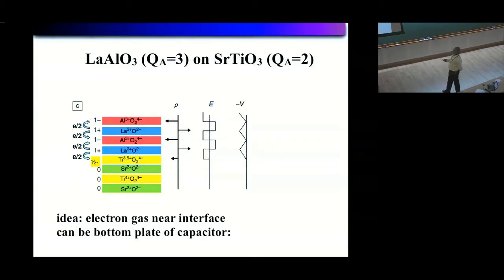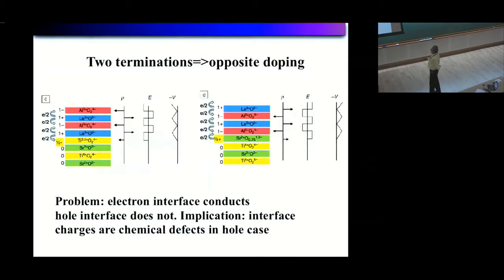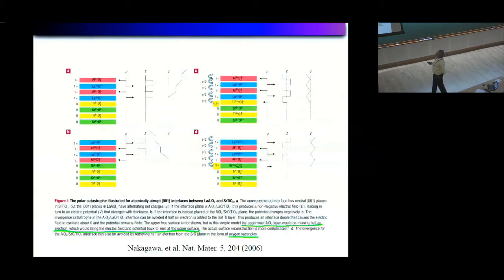You transfer charges and make this. There are many ways you can do it. There are lots of constructions people have gone through, and these are electron doped ones, these are hole doped ones. It depends on which termination you are using. You can have holes or electrons as your carriers. For both of them, there are mechanisms by which you can transfer this half charge from the top to the bottom, to just below this interface.